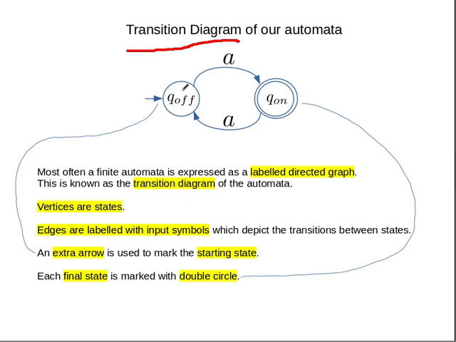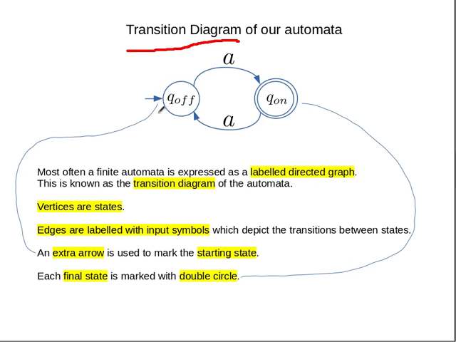And what are the vertices? So you know what a graph is, right? From graph theory, discrete math. It has some vertices and some edges between vertices. So vertices are states, and edges are labeled with input symbols, which depict the transitions between states on this particular input symbol, right?